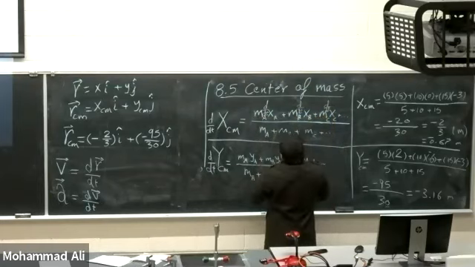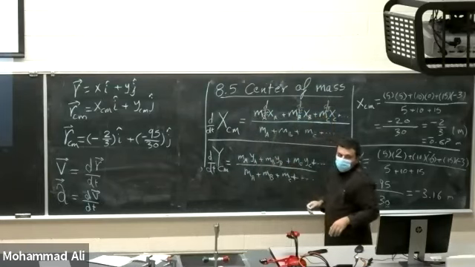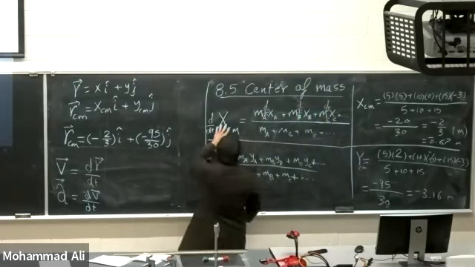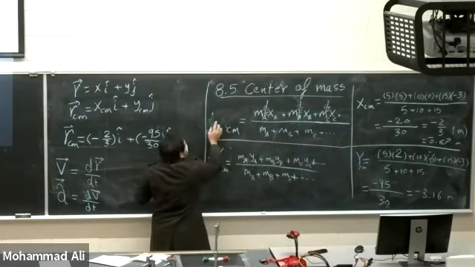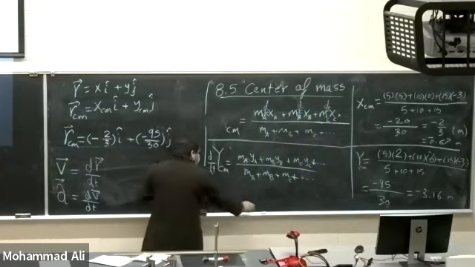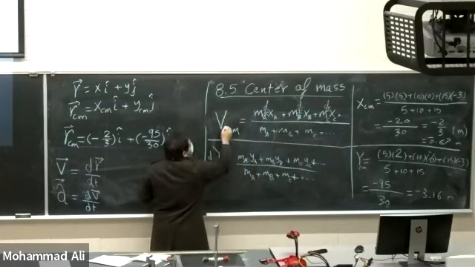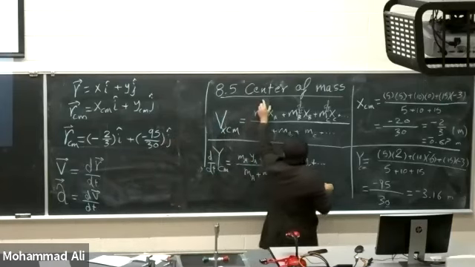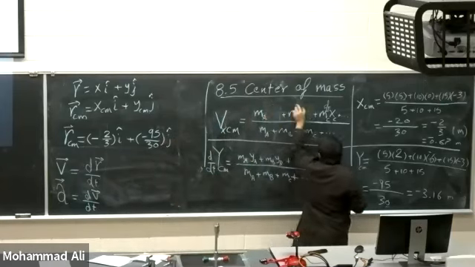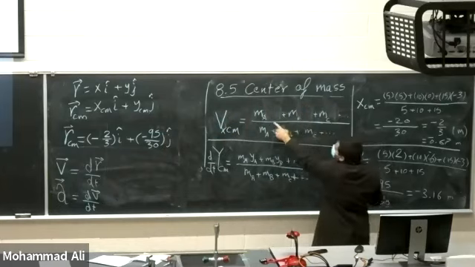The masses are constant. Also the same for y. Then this is the velocity. This will be the velocity of the center of mass, which is Vx. Vx for the center of mass will be equal to the velocities for each object.